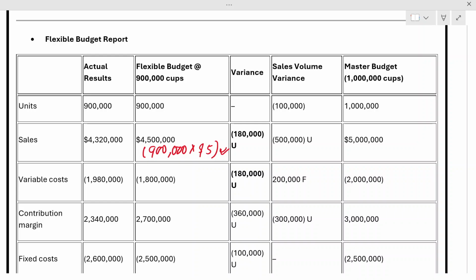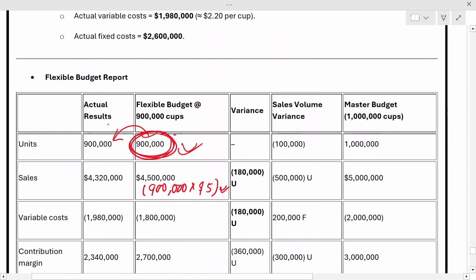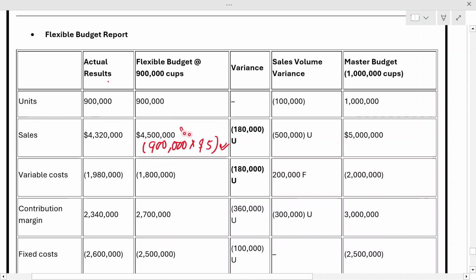So, how does this flexible budget work? In actual, we are having the same units here, and we are revising our budgeted number of units based upon actual. Budgeted units were our 1 million cups, but in flexible budget we are saying we are having 900,000 cups only. Now, both of them are comparative and we can compare their cost. So, this is our sales.